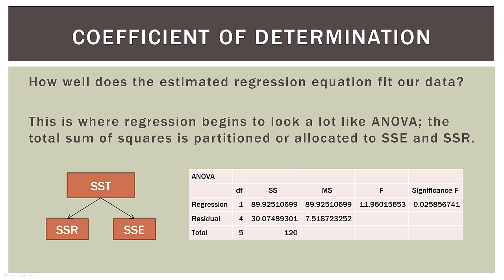We can see that the F is very large and significance is 0.0258, which is significant at the 0.05 level. So there is a relationship between linear regression and ANOVA, because it's all about partitioning or allocating the total sum of squares into different components. And then we measure the ratio of those components to figure out whether or not the model is statistically significant. Same idea.